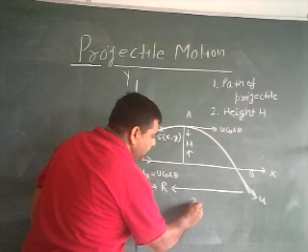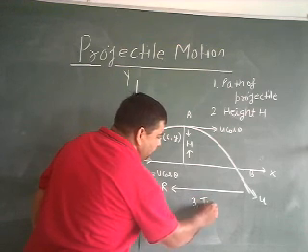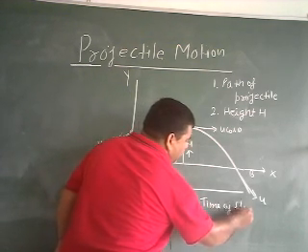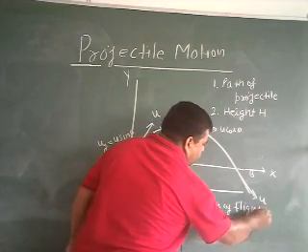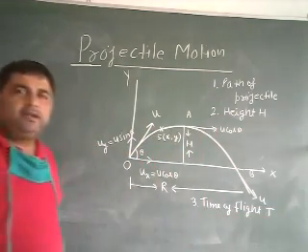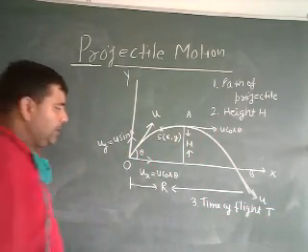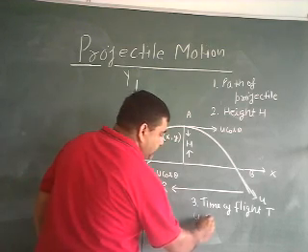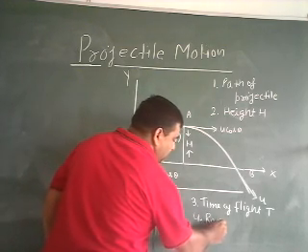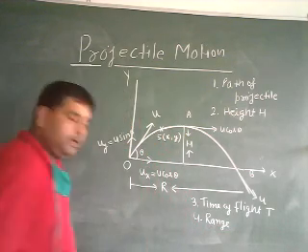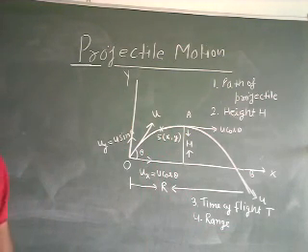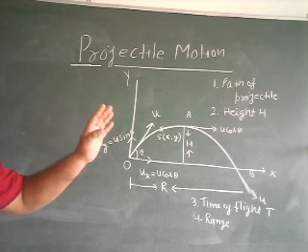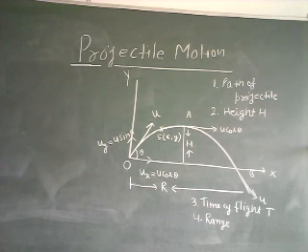Third parameter is the time of flight, denoted by capital T. And fourth parameter is the range. Right? So first of all we are interested to calculate the path of the projectile.